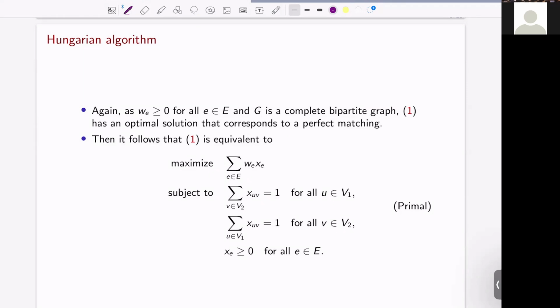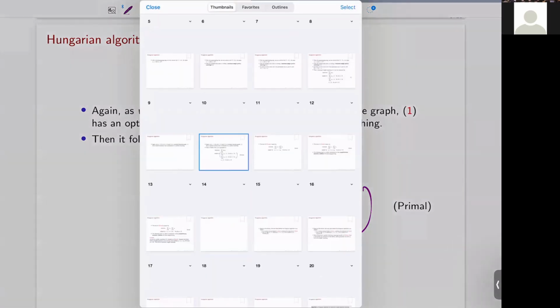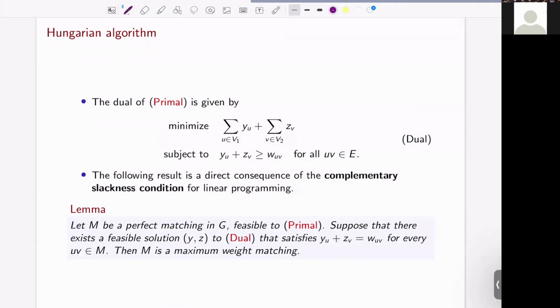Because if you have these degree constraints that are given by equalities, you need to match every vertex. Otherwise, if there's a vertex that is exposed, then that does not satisfy one of these equality constraints. Okay, so to have a solution satisfying all these constraints, you need to have a perfect matching.